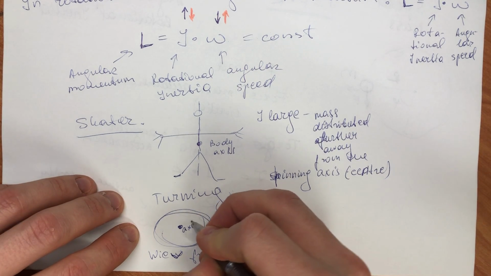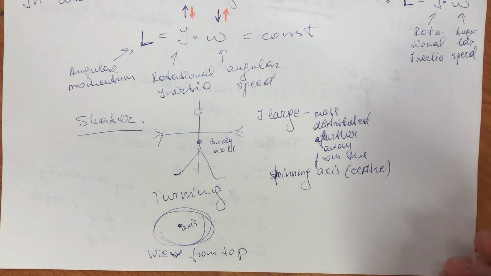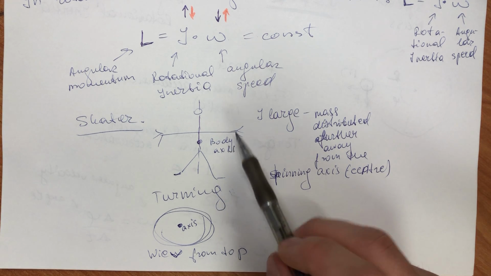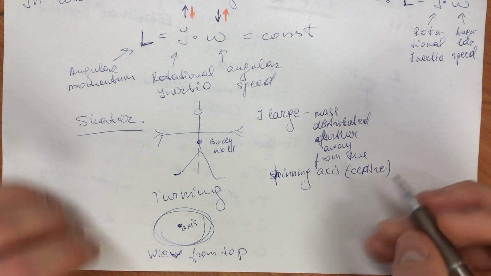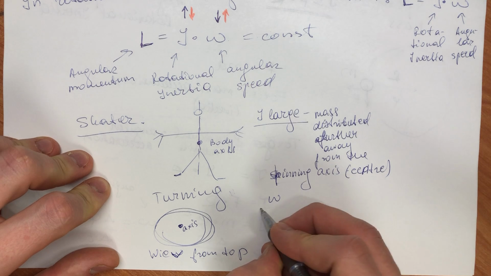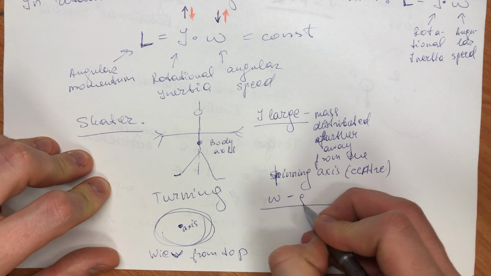Here is the axis. And I is bigger, so it means angular speed has to go down. I large, omega goes down.